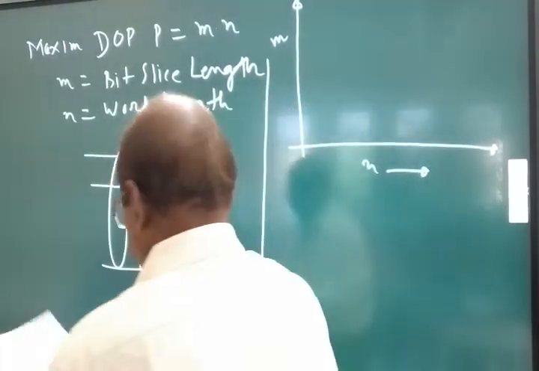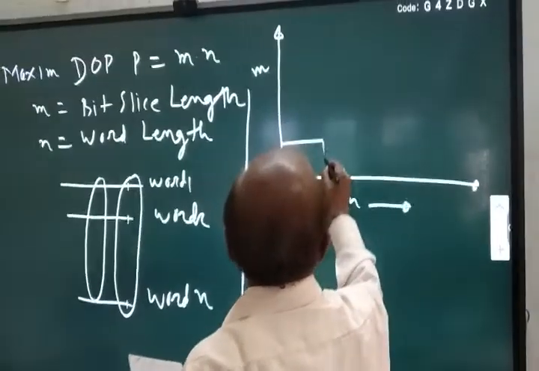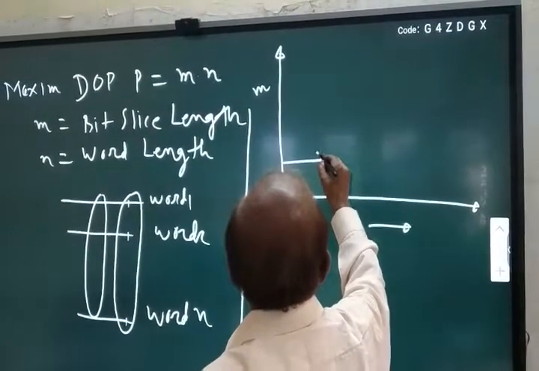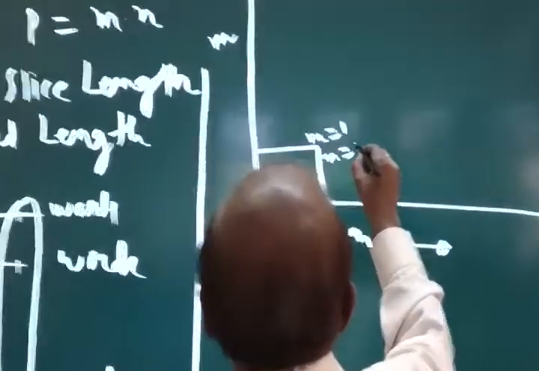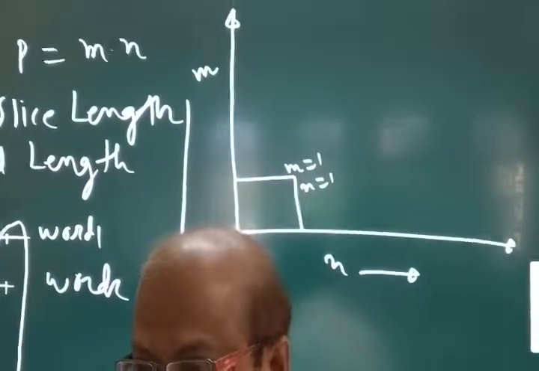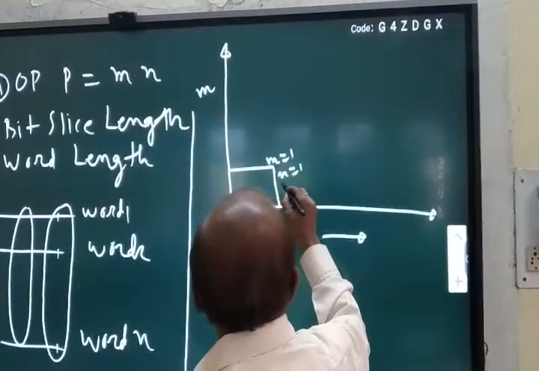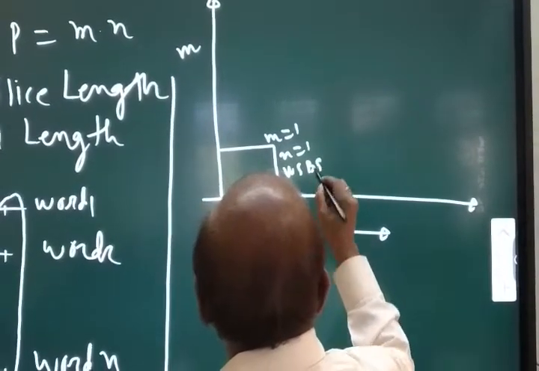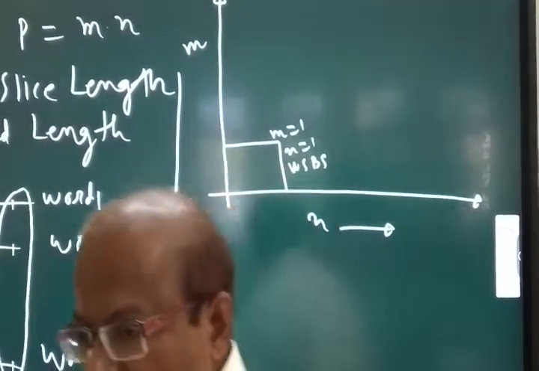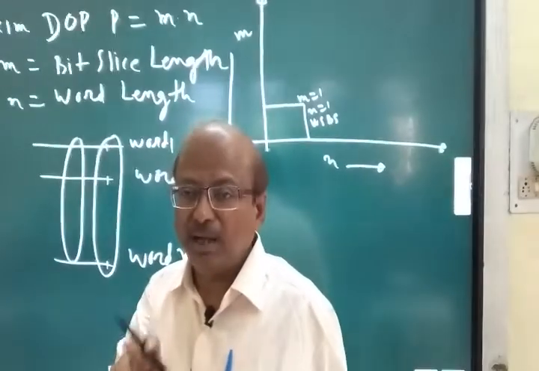Clear? Then suppose M is equal to 1, N is equal to 1. This is one situation. In this case, it will be called WSBS. Word serial, bit serial. This is one class of computer.